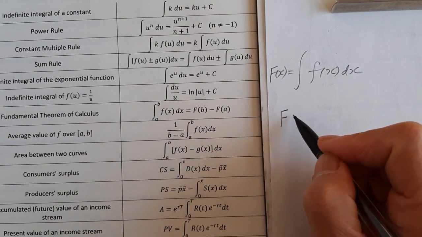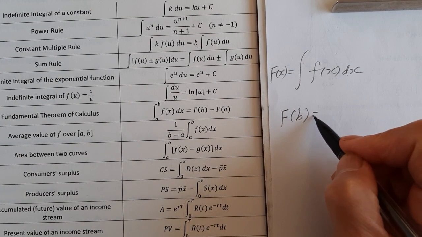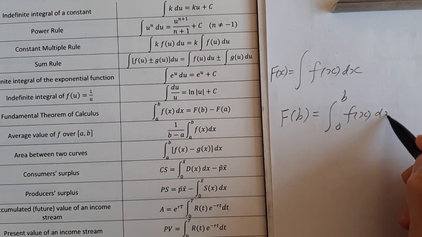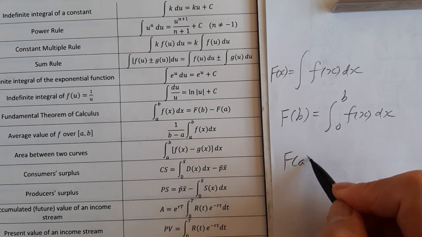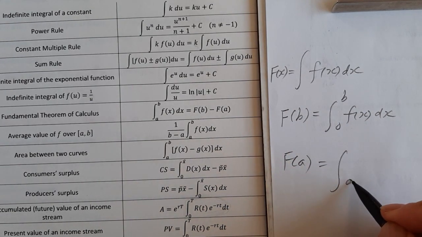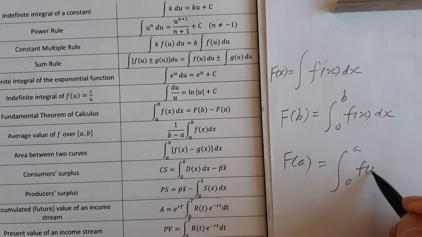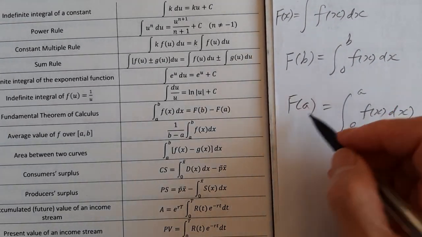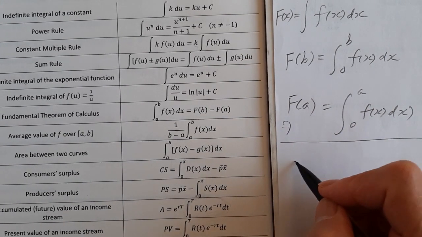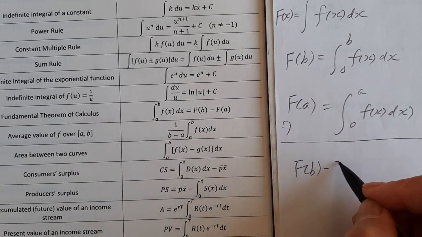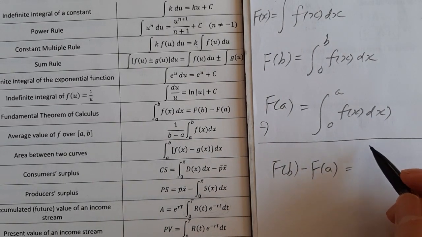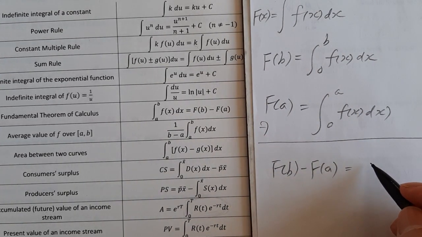So F of b is the integral from 0 to b of f of x dx, and F of a is the integral from 0 to a of f of x dx. Then subtracting, you get F of b minus F of a.